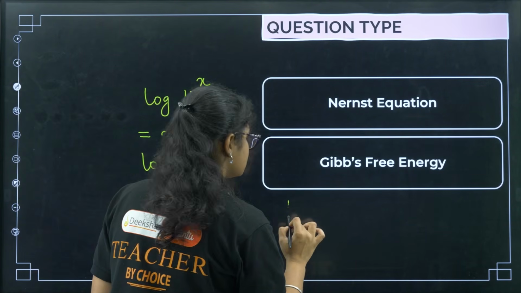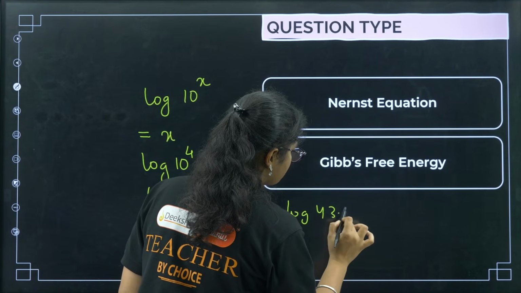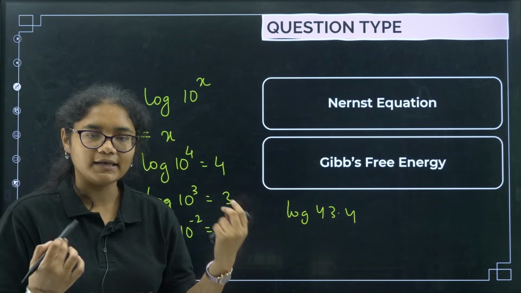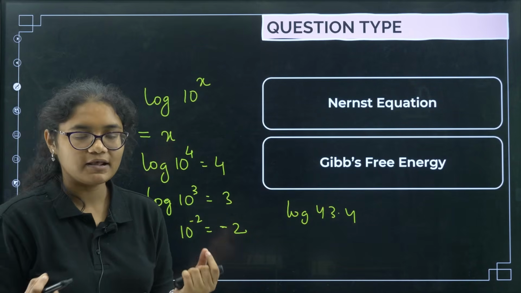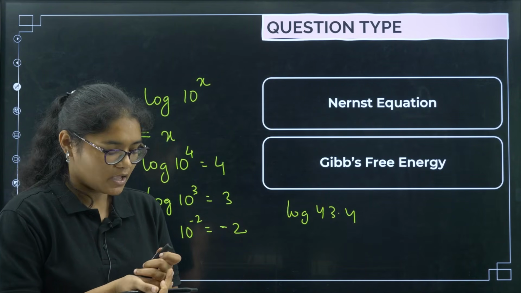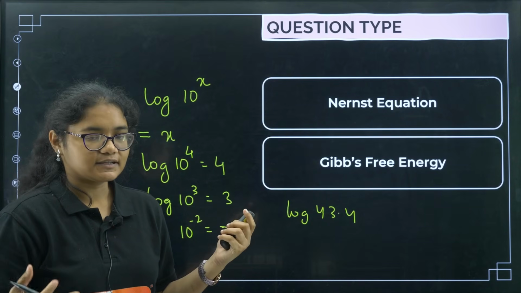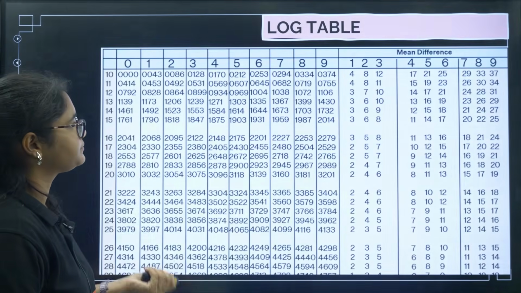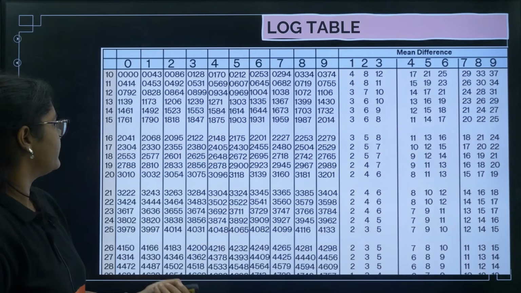Now how to find it if, suppose, log of 43.4 is given? For these types of numbers, or any other number that is not a power of 10, we need to use the log table and anti-log table. First we'll discuss how to find the log, then we'll discuss how to find the anti-log. So this is how a log table looks.